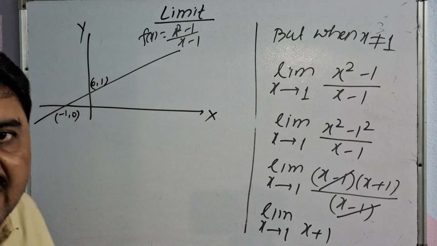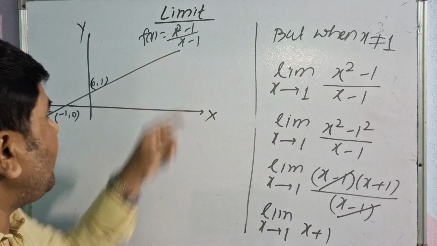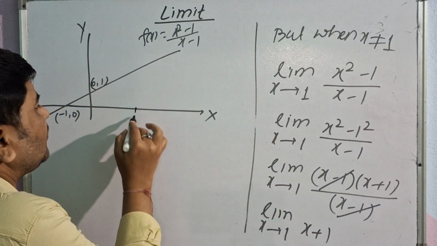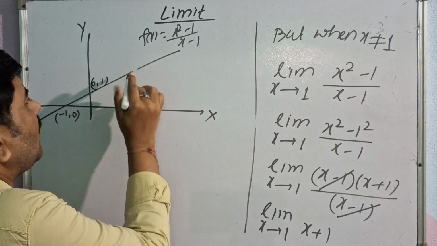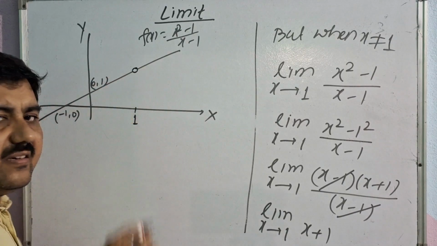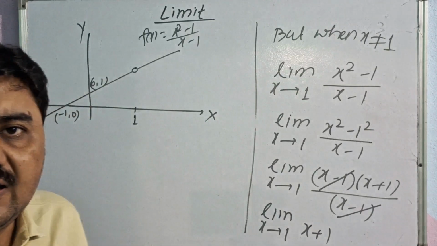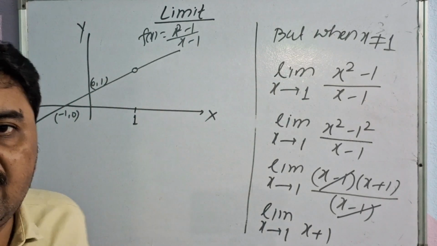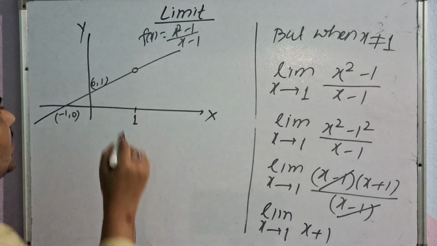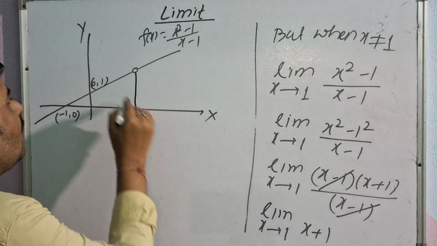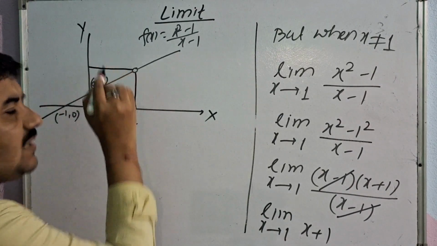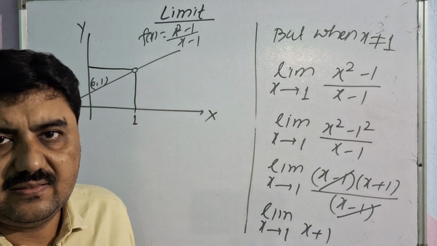But at x equal to 1, the value of f(x) is meaningless. Hence, there is a hole in the graph. This point shows that at x equal to 1, the function is meaningless.